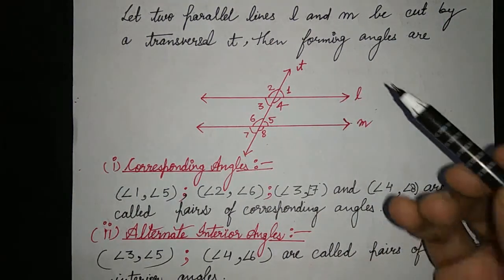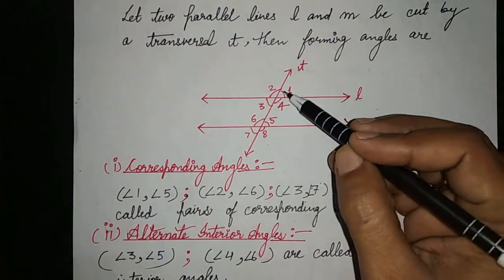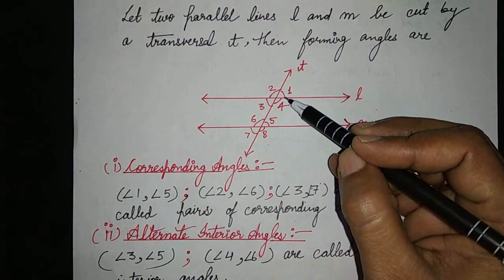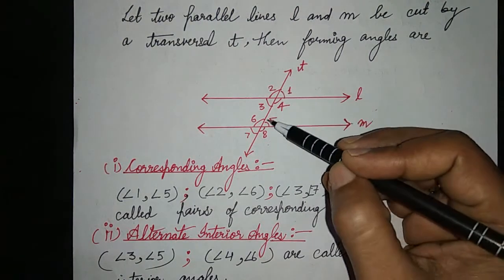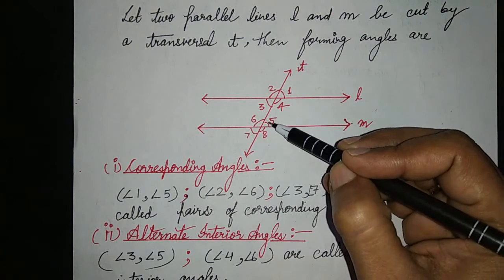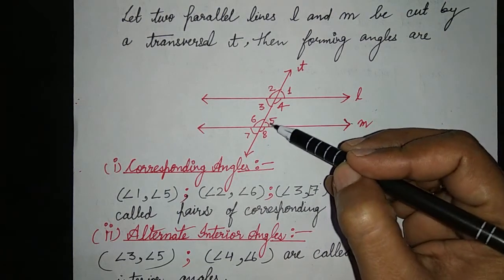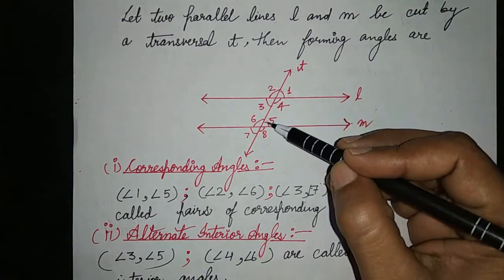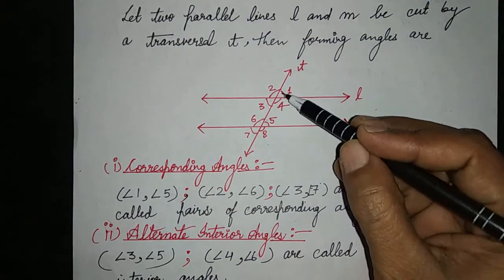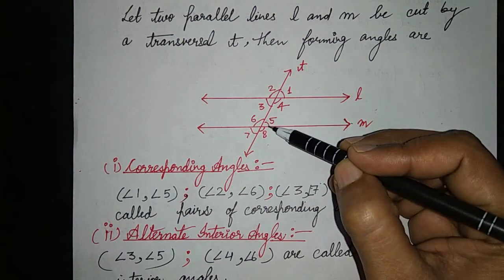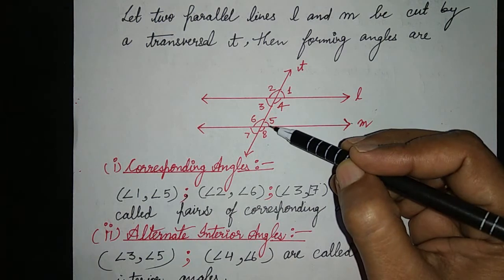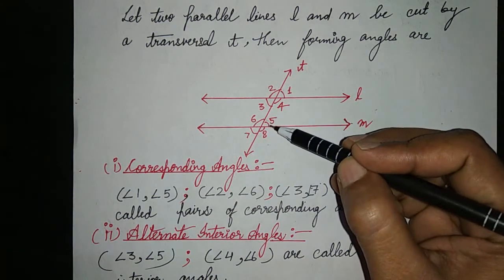Now here you see first angle 1 and angle 5. Children, see it very carefully. Angle 1 and angle 5. These two angles are corresponding angles. Okay, they are known as corresponding angles.